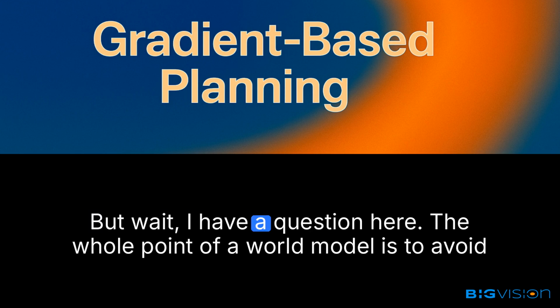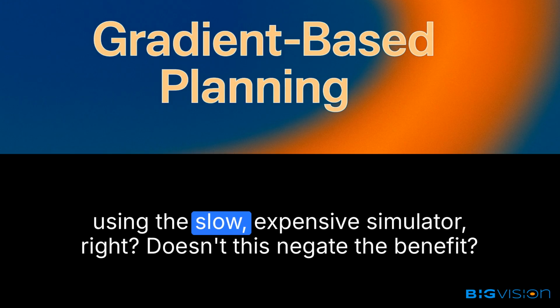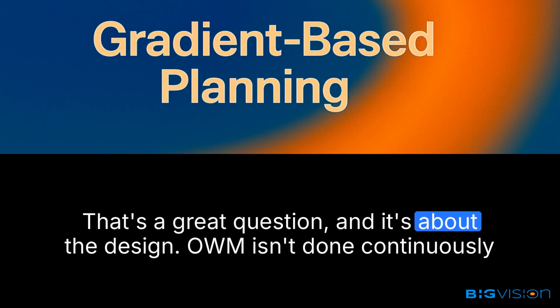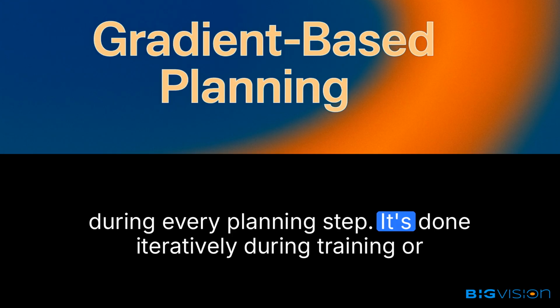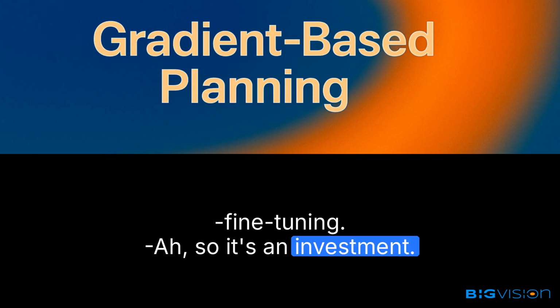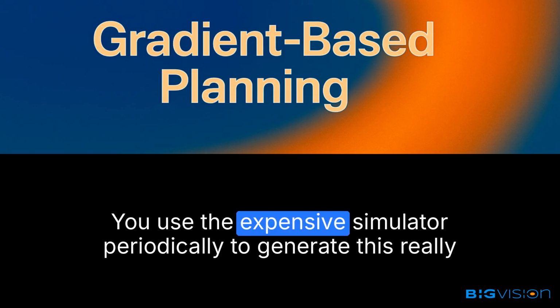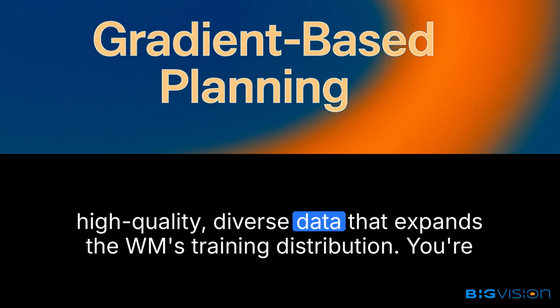Oh, wait, I have a question here. The whole point of a world model is to avoid using the slow, expensive simulator, right? Doesn't this negate the benefit? That's a great question, and it's about the design. OWM isn't done continuously during every planning step. It's done iteratively during training or fine-tuning. So it's an investment. It's an investment. You use the expensive simulator periodically to generate this really high-quality, diverse data that expands the world model's training distribution.